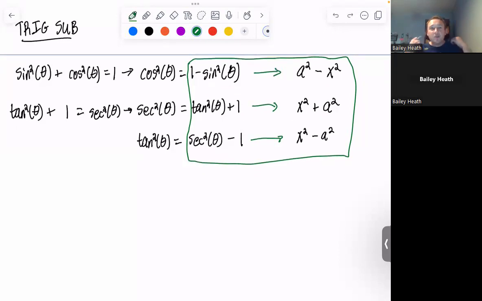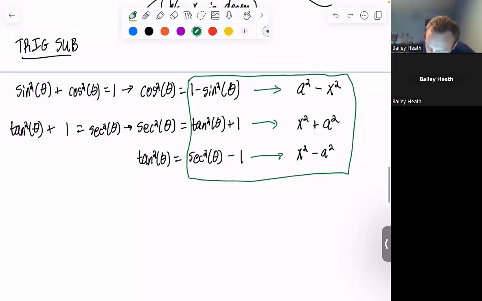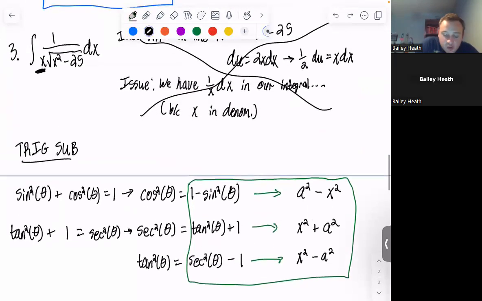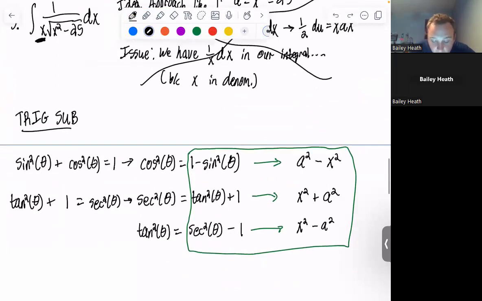The reason I write this out is that these identities are going to inform our trig substitution. So, for example, let's come back to our actual problem here. We have this integral of 1 over x times the square root of x squared minus 25.